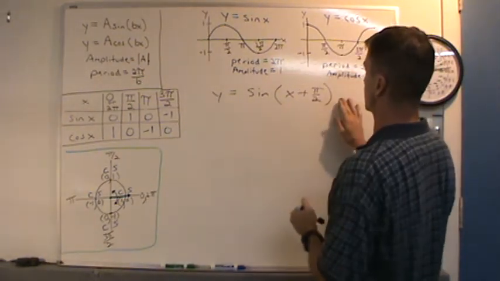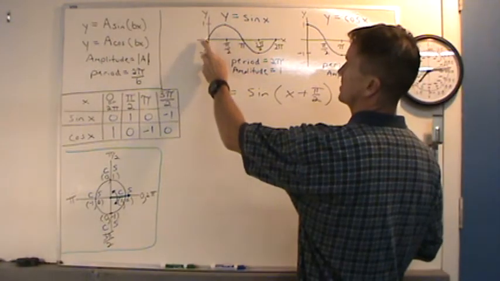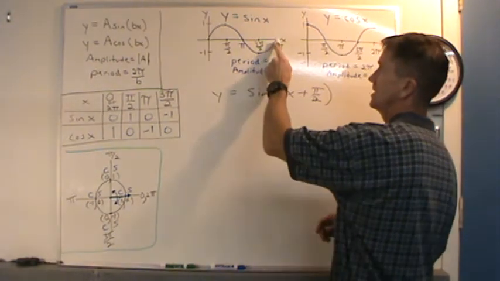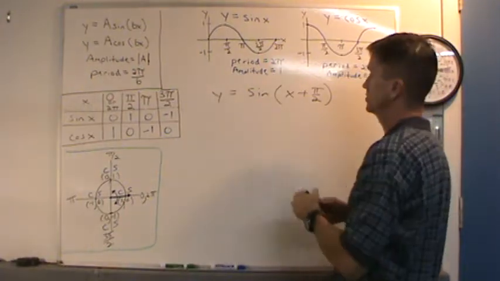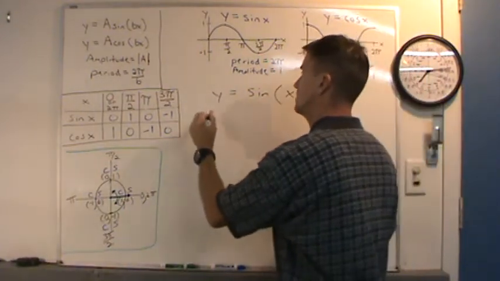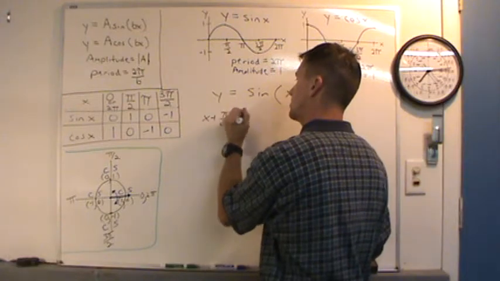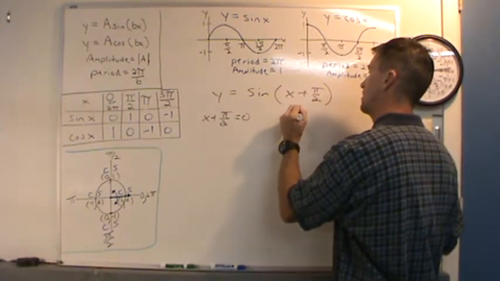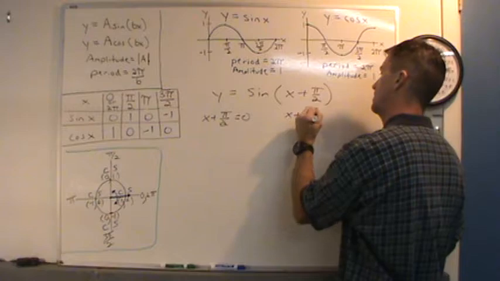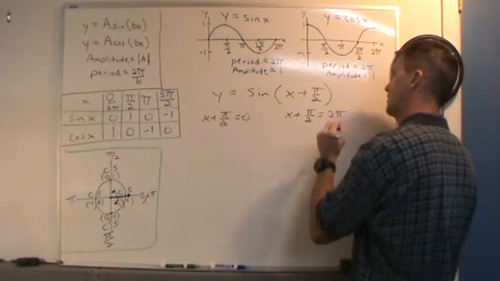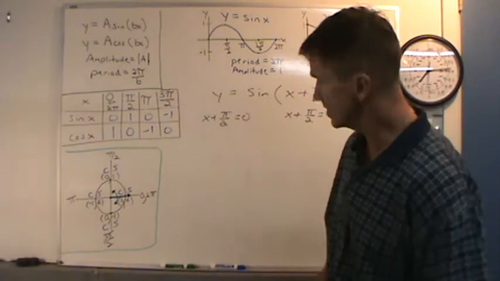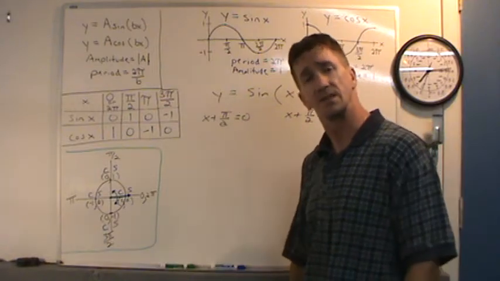So what we'll do is, everyone, what was the initial starting point of the cycle? 0. What's the initial ending point of this cycle? 2 pi. So what I'm going to do is take this x plus pi over 2 and let's set it equal to 0. I'm going to take this x plus pi over 2 and set it equal to 2 pi. I'm going to solve for x. This will tell me where the cycle starts and where the cycle ends.